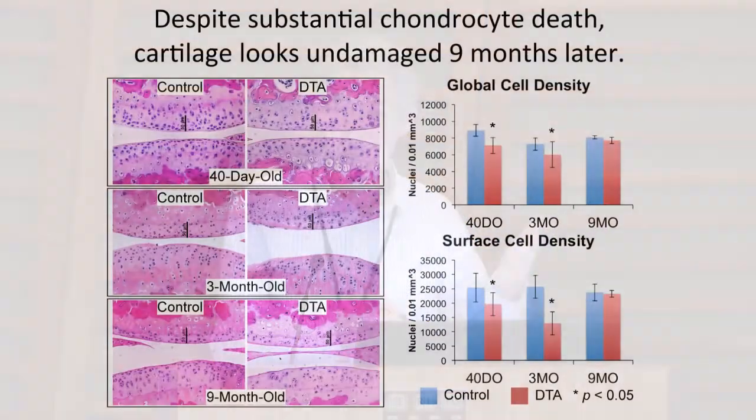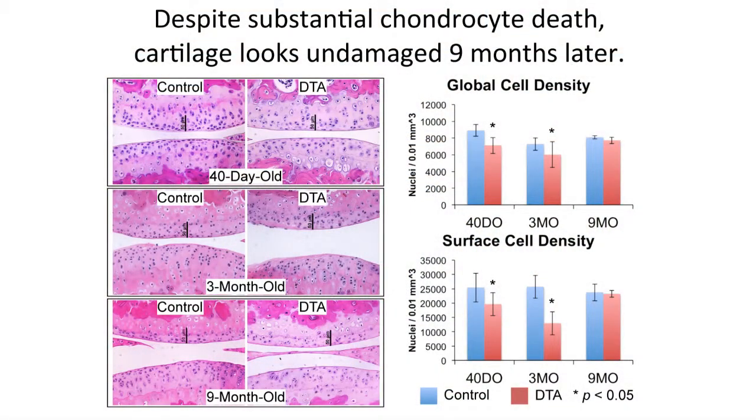So cell death, as a proximate thing, does not destine you to osteoarthritis, at least if you're a mouse in the short term, and mice live 2 years, so this is half of a mouse's life.